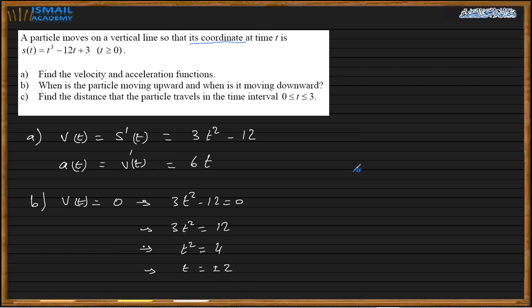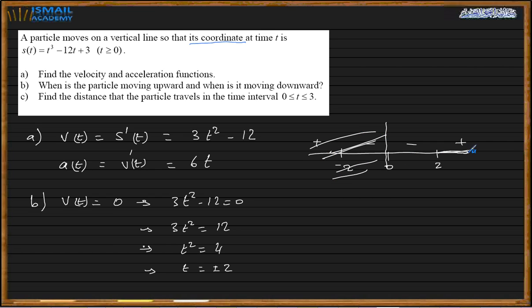So if I do my number line here, I have minus 2, 0, and 2. Because I know the time is positive, we're not going to deal with the negative side, but here it will give me just an idea how the thing works. If I substitute the number minus 3 into my velocity, it will be positive, this is negative, and this is positive. So I will not care about that side.